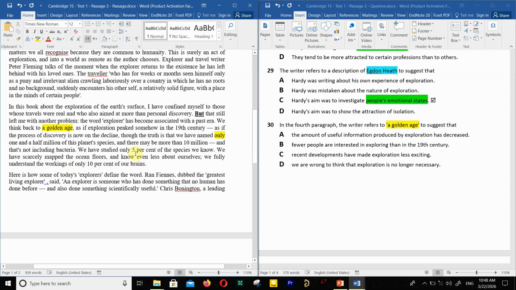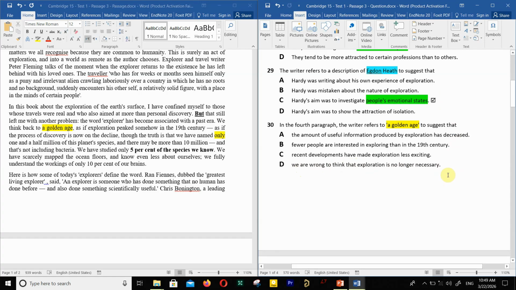We have studied only 5% of the species we know. We have scarcely mapped the ocean floors and know even less about ourselves. We fully understand the workings of only 10% of our brains. So, fewer people are interested in exploration? Recent developments have made exploration less exciting? No. We are wrong to think that exploration is no longer necessary. This is the answer.